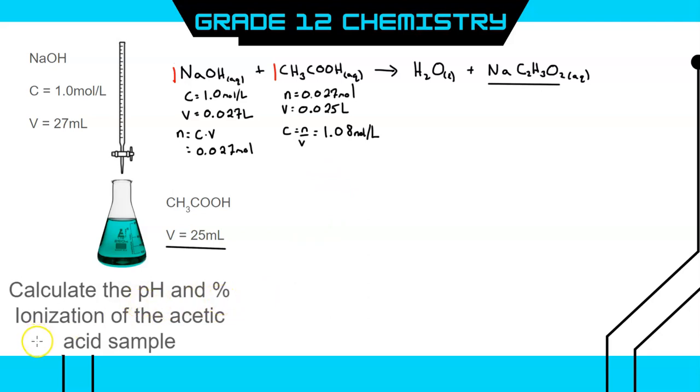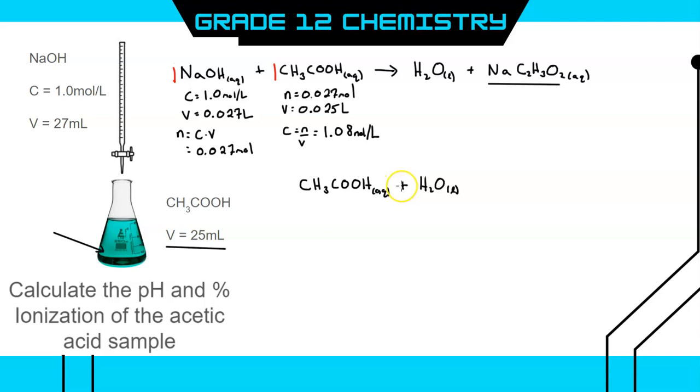All right, so we have the concentration of acetic acid, but I also want to know the pH and percent ionization. So let's now look at what's going on in here. In our original sample, we have acetic acid, CH3COOH, colliding with water molecules.